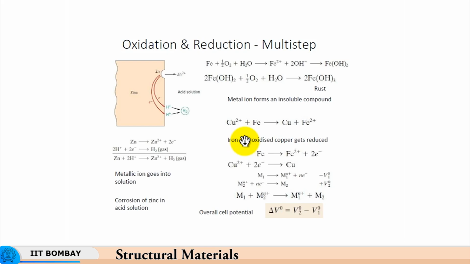This surface is exposed to an acidic solution, and the entire surface does not get attacked. What happens is one small region gets preferentially attacked by the solution, and the rest of the area remains intact.